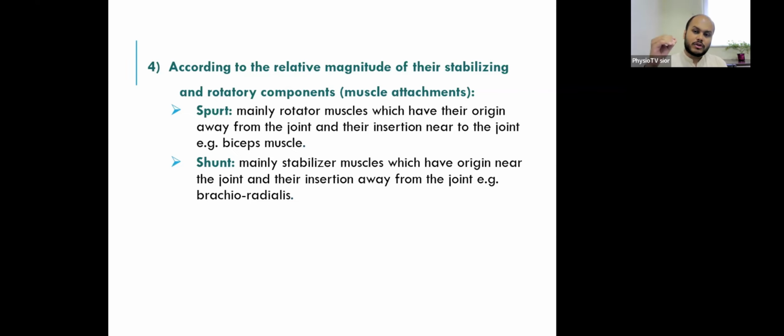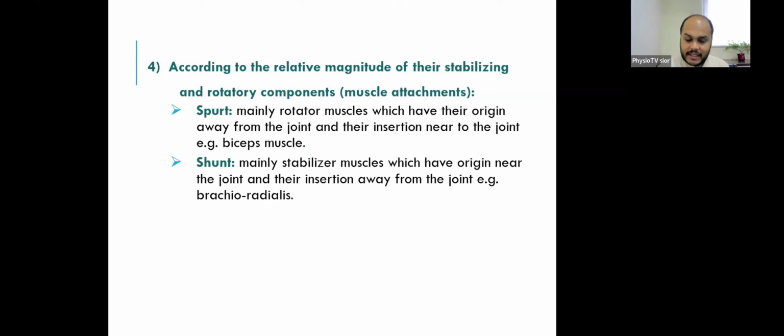Now, to complicate things a level further, let's take the example of biceps brachii again. At the elbow, biceps brachii works as a spurting muscle. But a very interesting fact is that at the shoulder joint it acts as a shunting muscle.